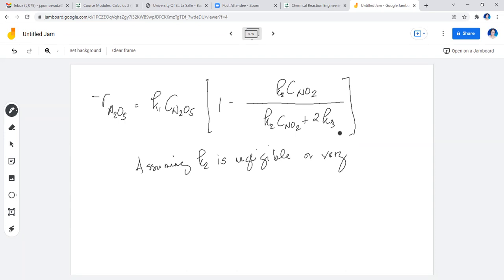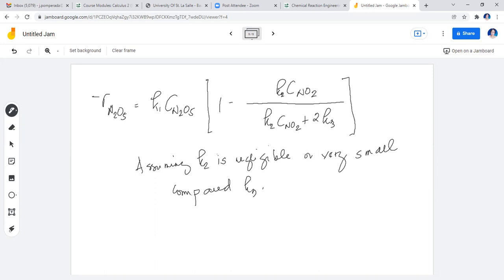Very small compared to what? Where are we going to compare it? Compared to K3, miss. Correct. Compared to K3. This is the assumption that you will make.